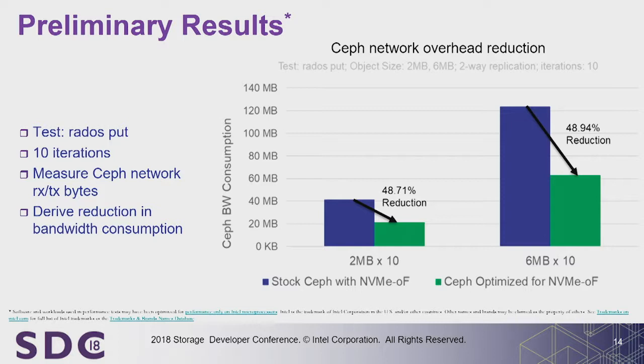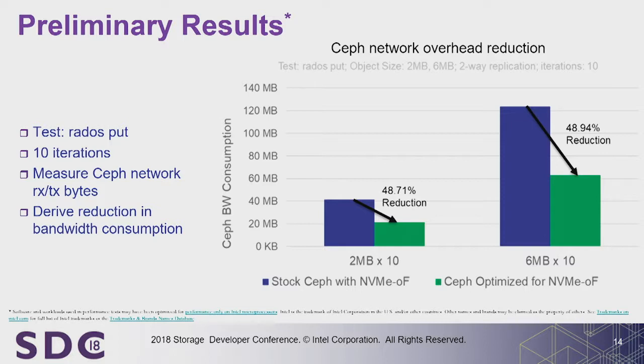Okay. So in terms of preliminary results and what we did, basically, rados put was used, and again, we're working towards expanding the set of tests and doing more. But just for this graph, it's 10 iterations of rados put, 2 different object sizes, 2 MB and 6 MB, and like I showed before, we're measuring the received and transmitted bytes on the Ceph network, and as expected.